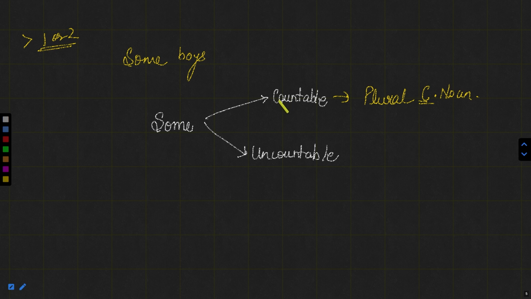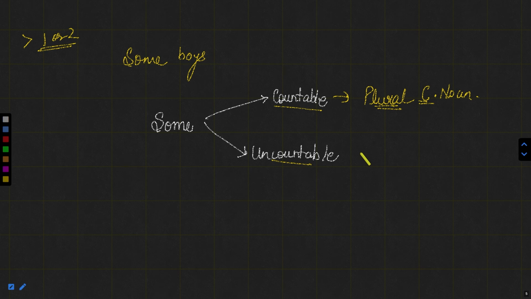Now if the noun is countable, it should be plural in form always. But if the noun is uncountable, of course uncountable is always considered singular. It is not counted, so we cannot divide it in terms of 1, 2, 3 and so on.